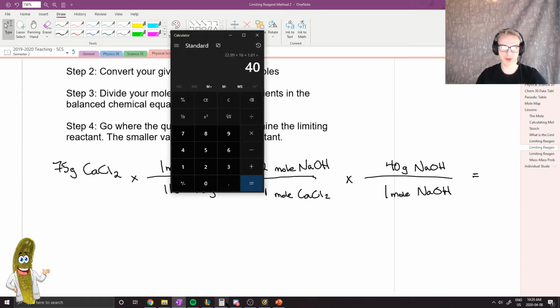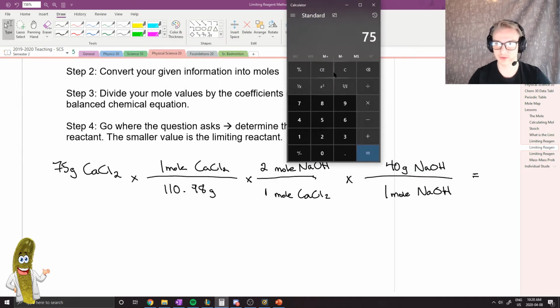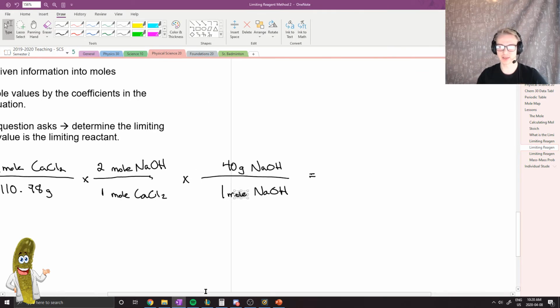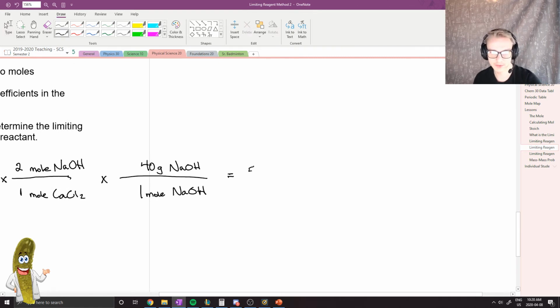So we're going to plug this all into our calculator. We're going to take 75 divided by 110.98 times 2 times 40. And what we would find then is that that is equal to 54.1 grams of NaOH.